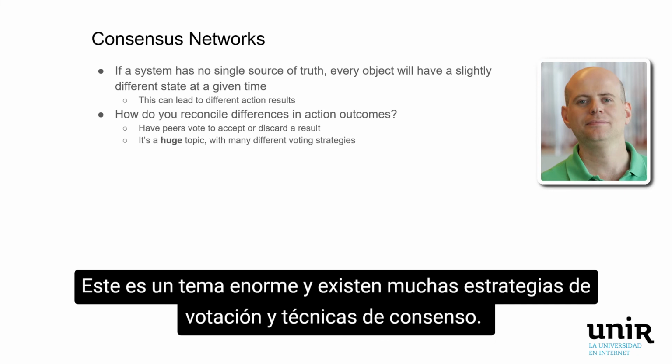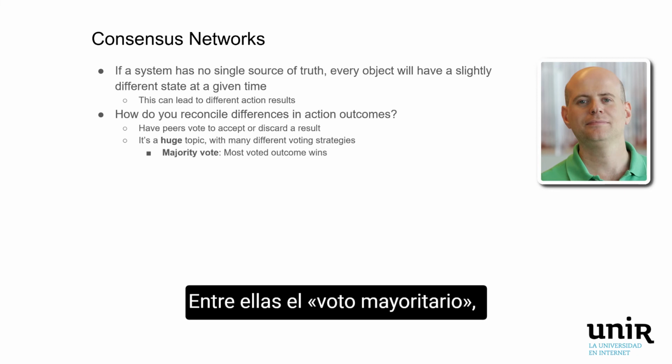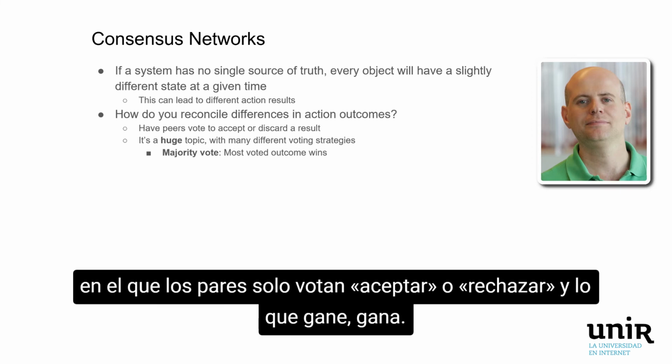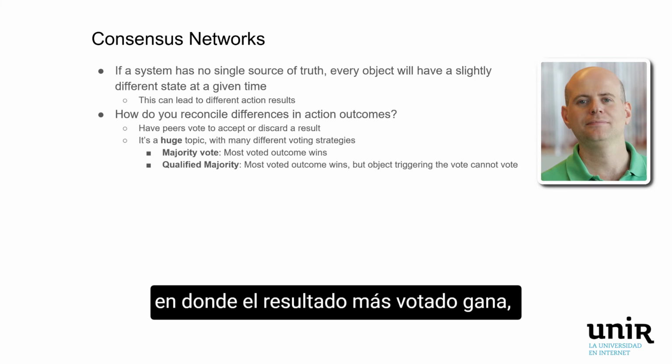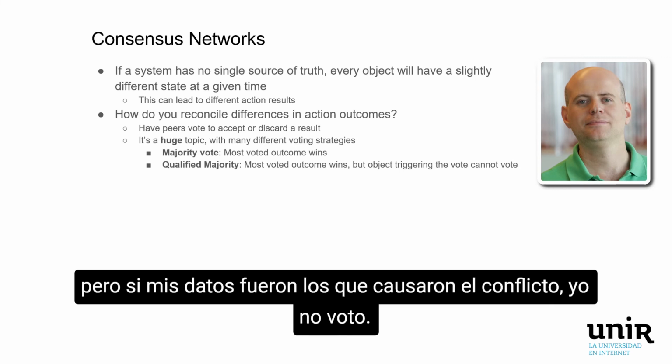It's a huge topic. There are many voting strategies, many consensus techniques. Some of them are majority vote, so the peers just vote, accept, reject, and whatever wins, wins. You can have a qualified majority where the most voted outcome wins, but if it was my data that caused a conflict, I do not vote.